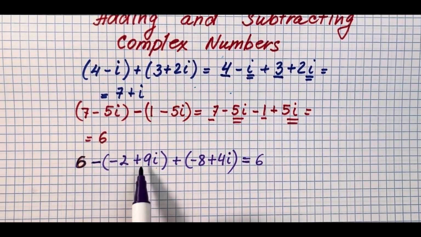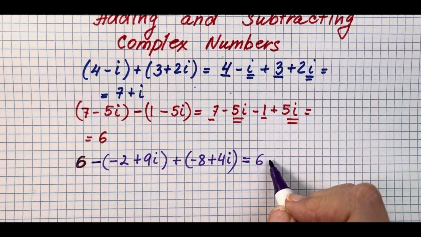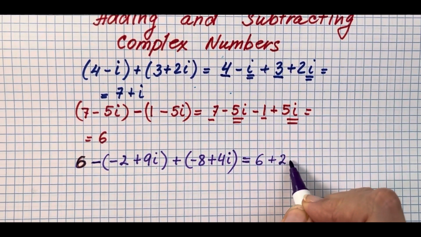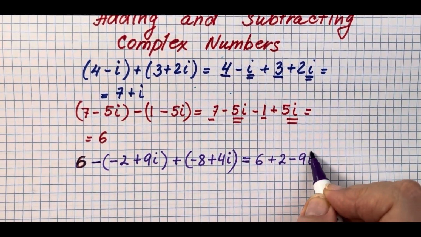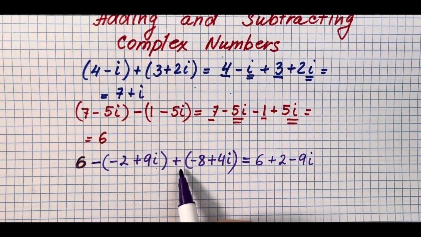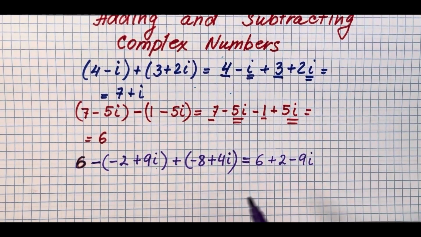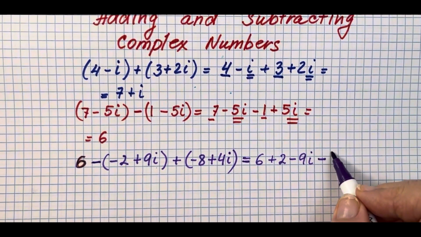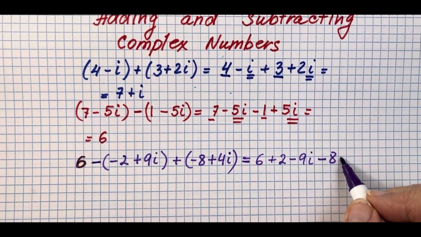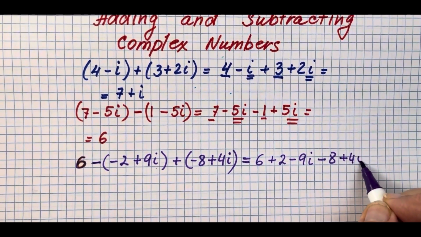Of course, we have to change signs to the opposite. It would be plus 2 minus 9i. So this is plus, so we have negative 8, not changing sign, and plus 4i.